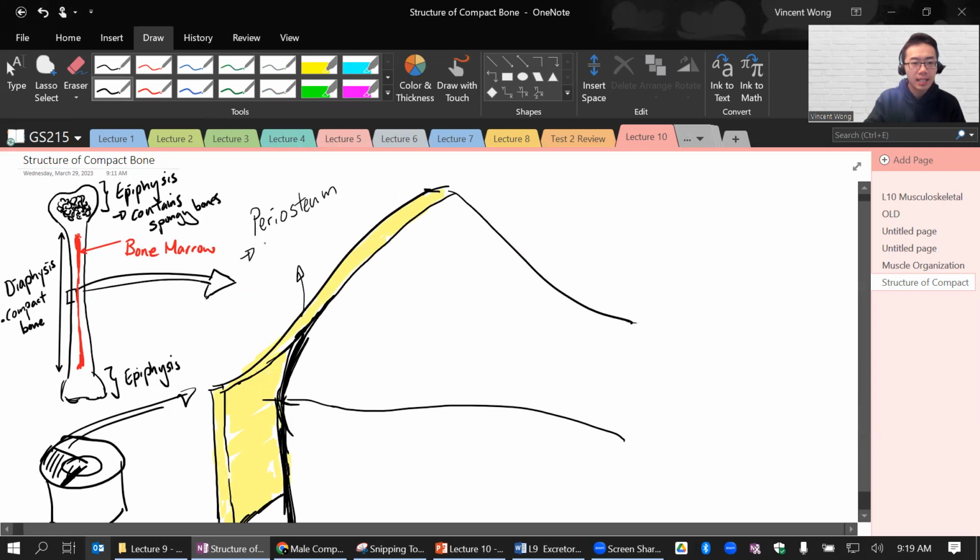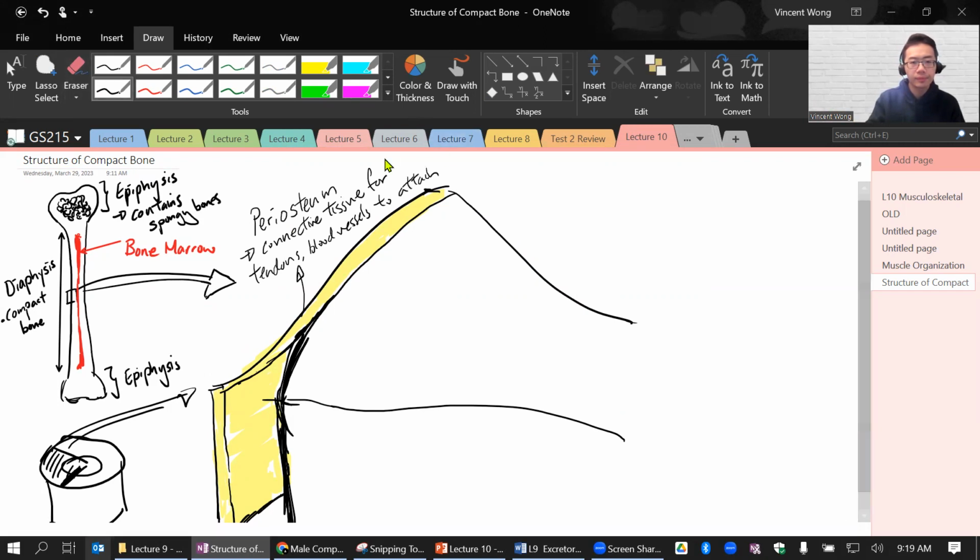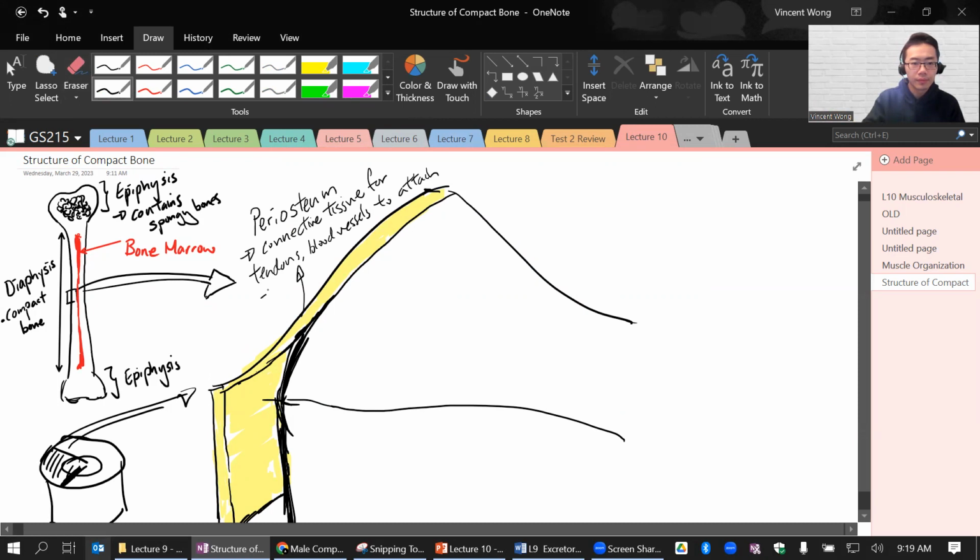It is connective tissue for things to attach to the bone, right? For like tendons, right? Blood vessels to attach to the bone.